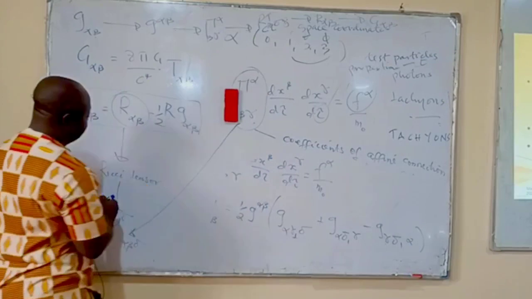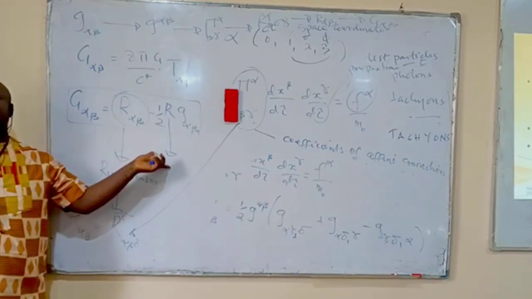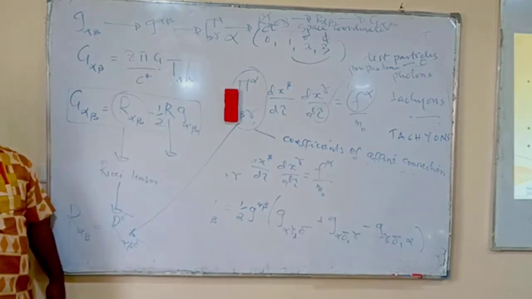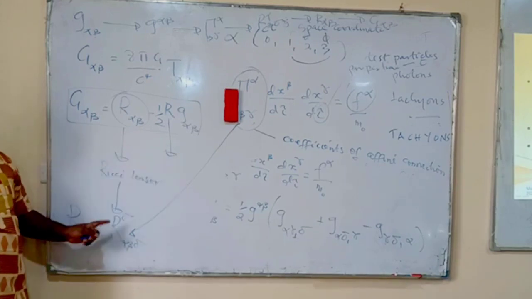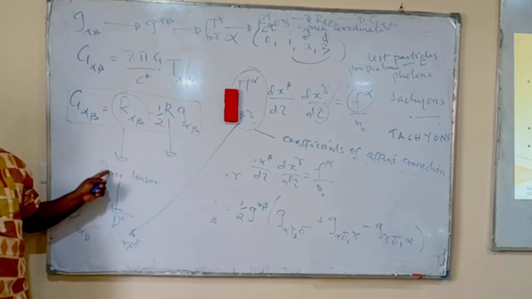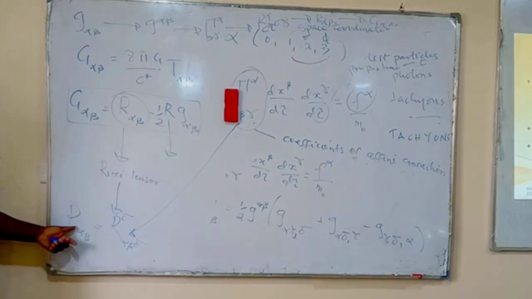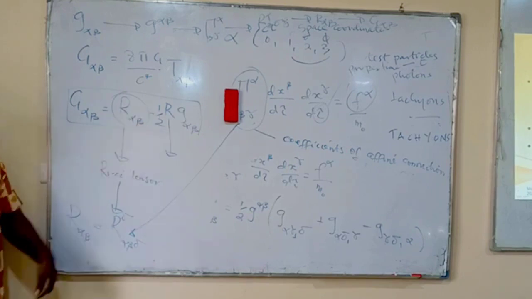And then there is this constant too, which we call the curvature scalar. It's also gotten from this by again equating indices. Once you equate indices, you get this.